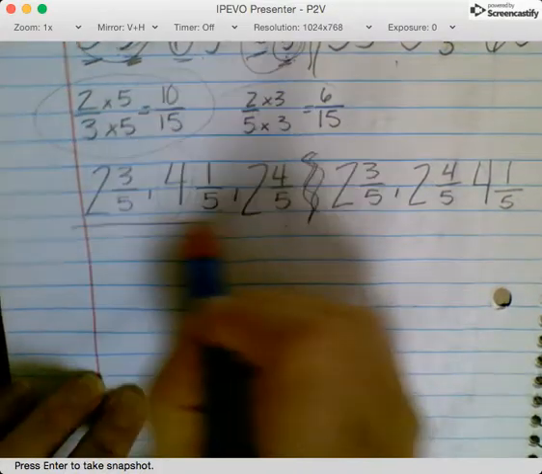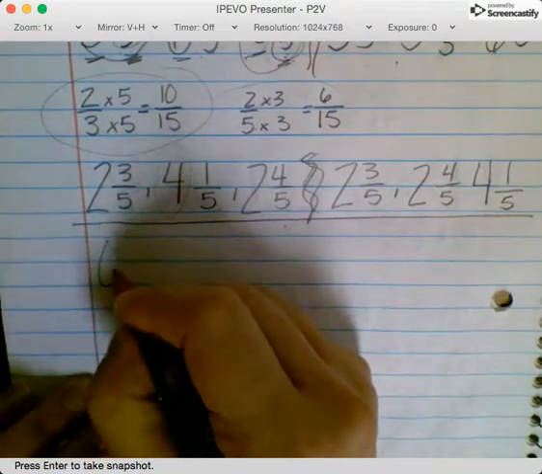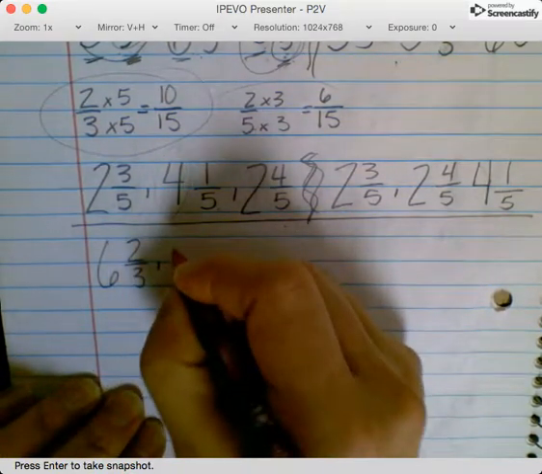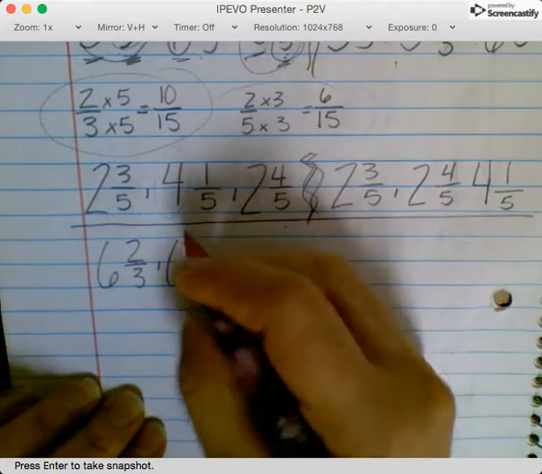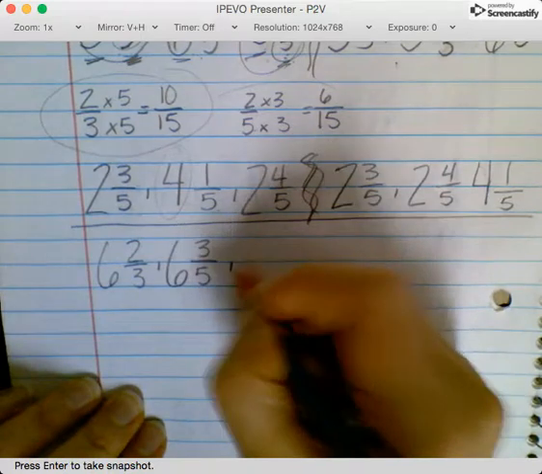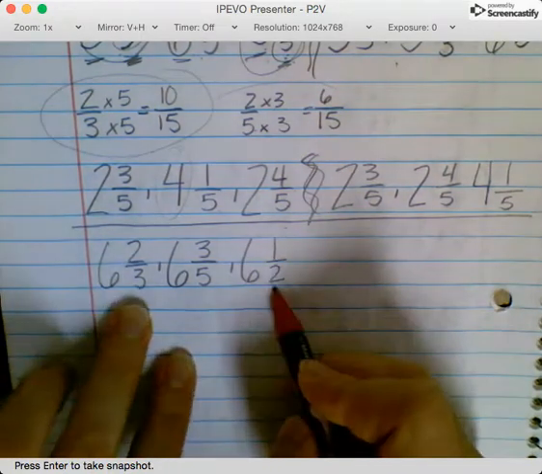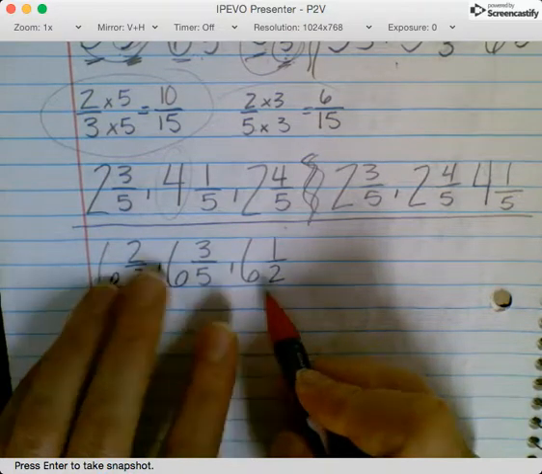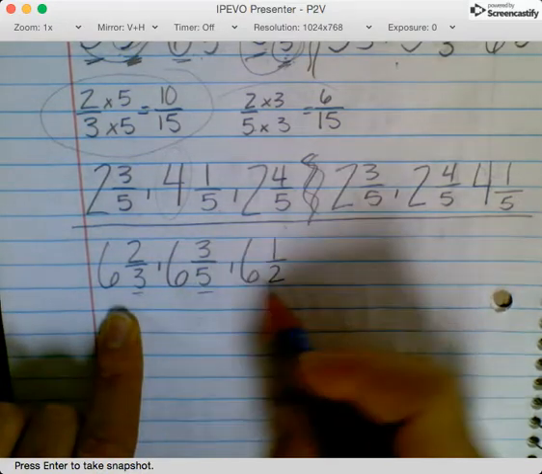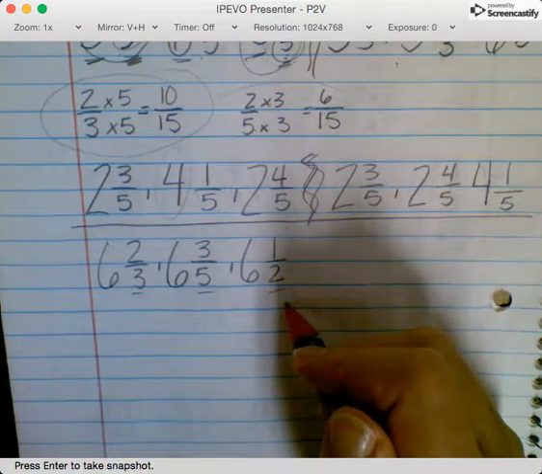And then we have another example. 6 2/3, 6 3/5, and 6 1/2. Now this one, all the denominators are different. The whole numbers are the same, so we have to compare the fractions.